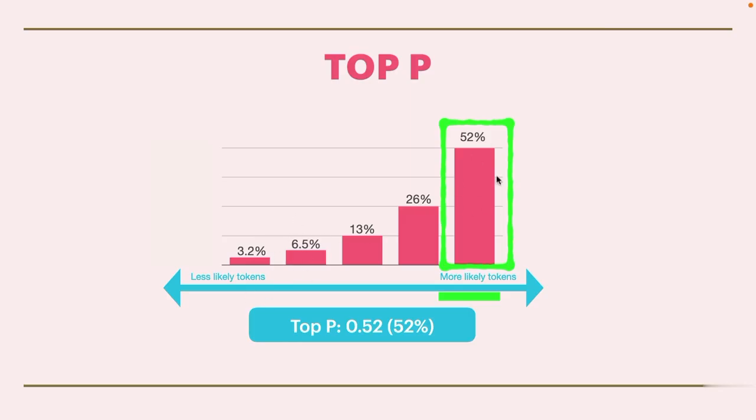A lower top P value, for example 0.2, makes the model more focused and conservative, generating responses primarily from high probability tokens. Now, if you set the top P value to 0, it means that no tokens will be considered for sampling. In other words, the model will only generate responses from the most likely token according to the probability distribution.